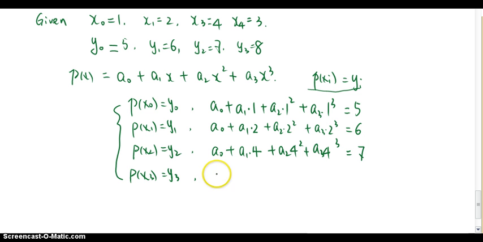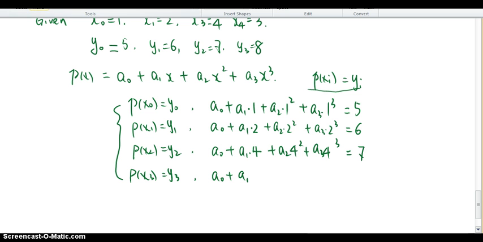Good. Next, a0 plus a1 x3. What is x3? I need to change this a little bit. So draw x2, x3 is equal to 4, x1, this is 2, and this is 3. Okay, good. So x3 is in fact 3. Good.